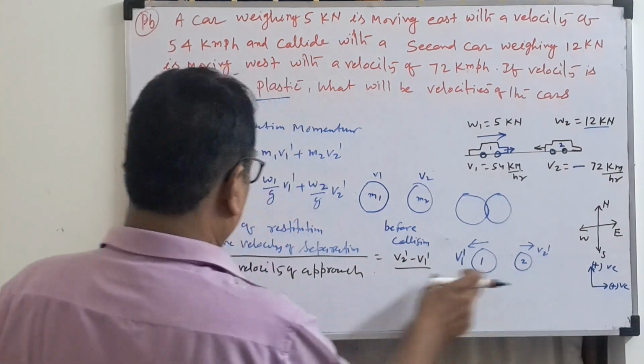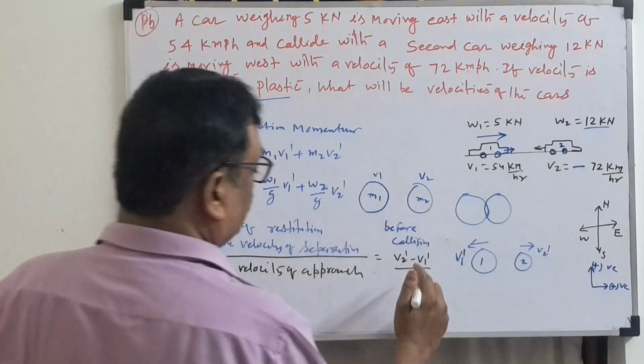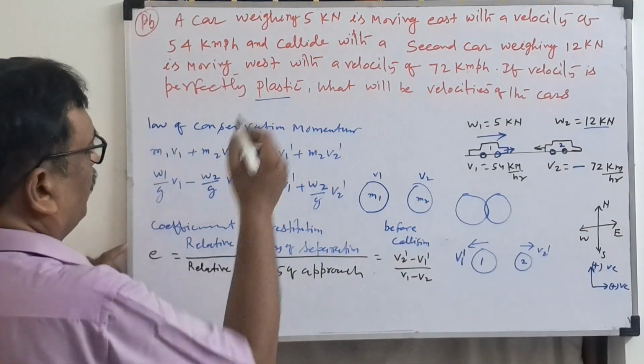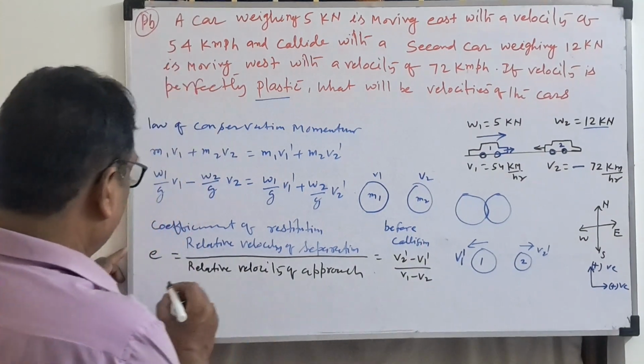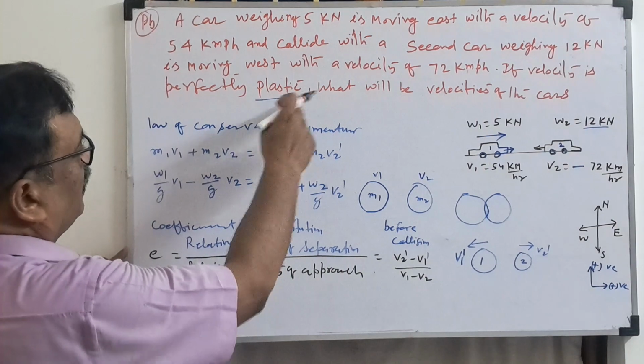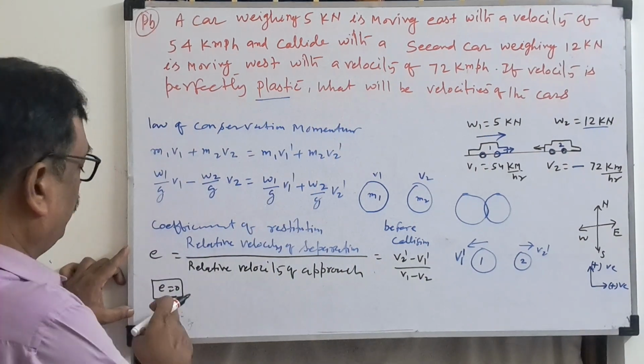The relative velocity of approach is v1 minus v2. If it is plastic, e will be 0. If it is perfectly elastic, e will be 1.